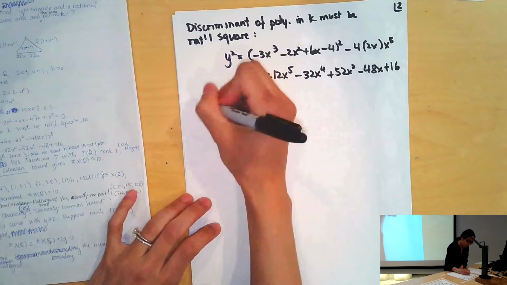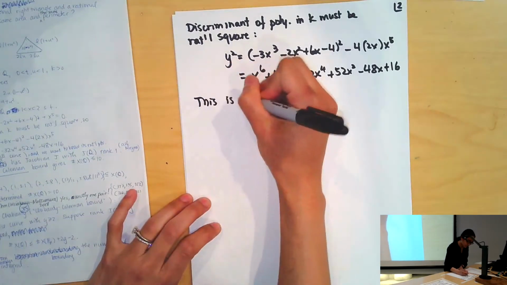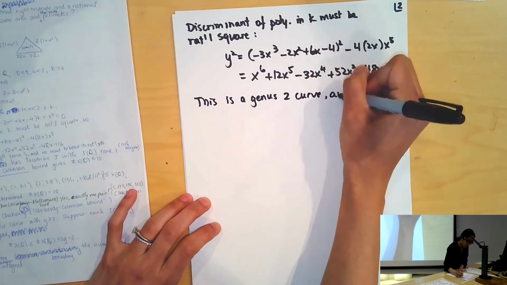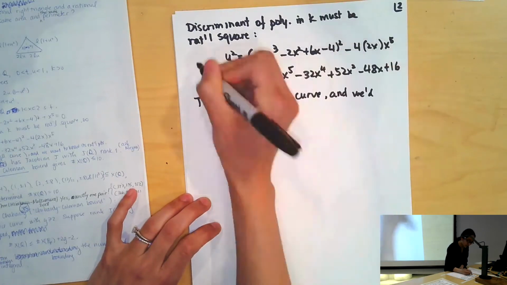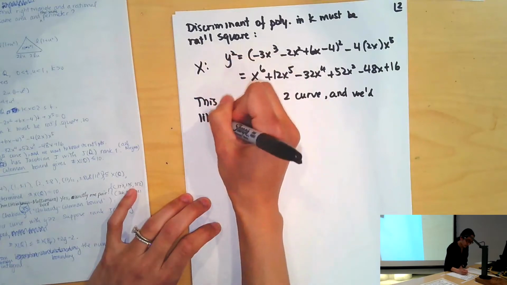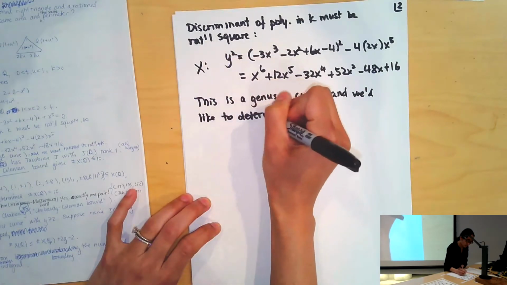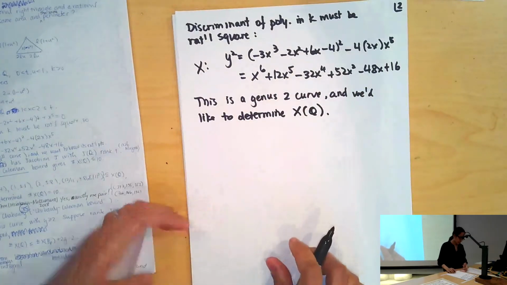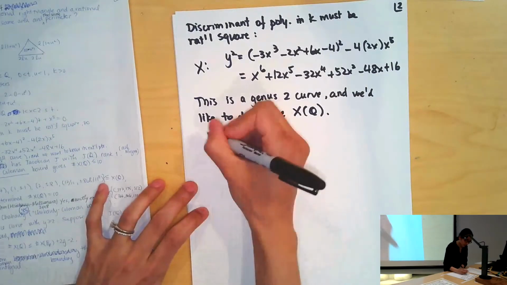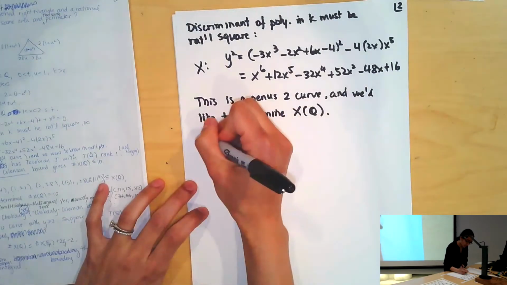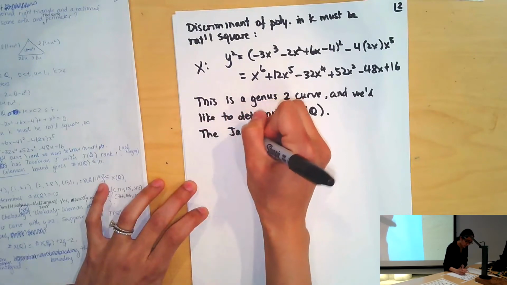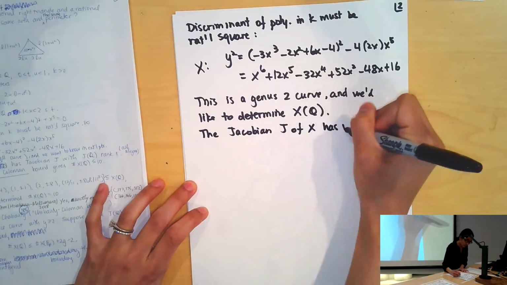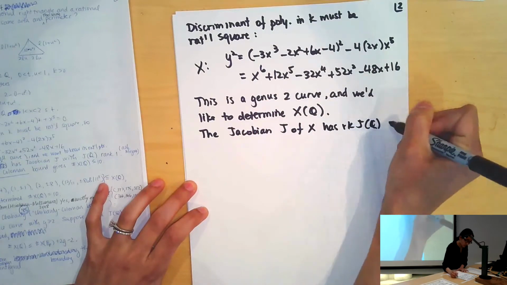And we want to know its rational points. So what can we say? So let's call it X. So we'd like to determine the set of its rational points. So it turns out that the Jacobian J of X has Mordell-Weil rank equal to 1.